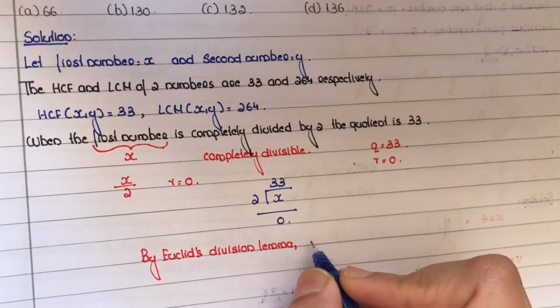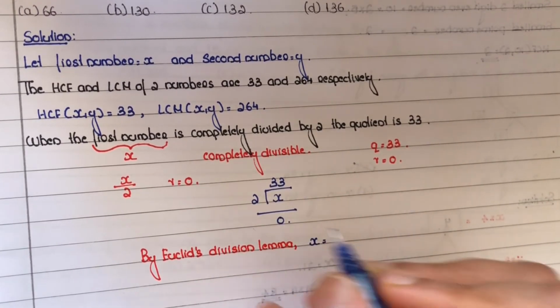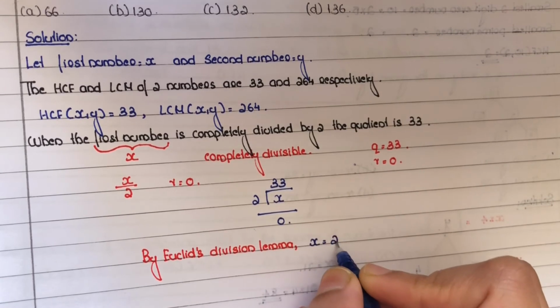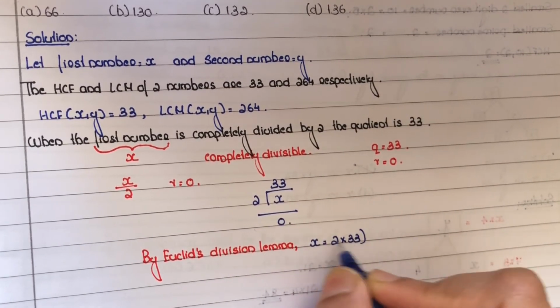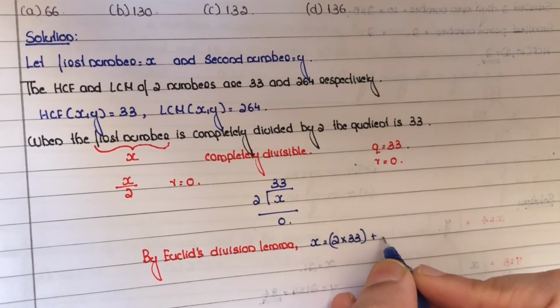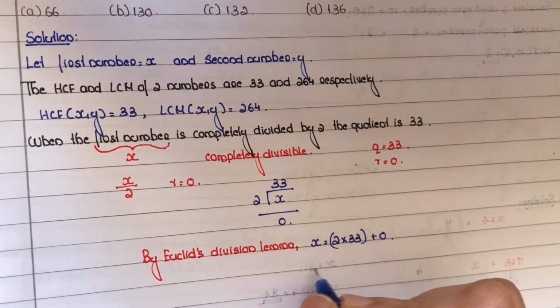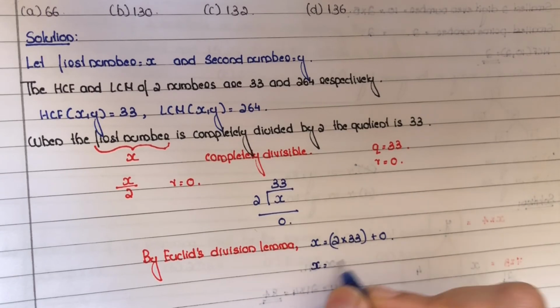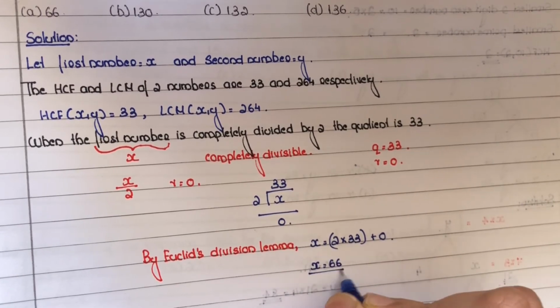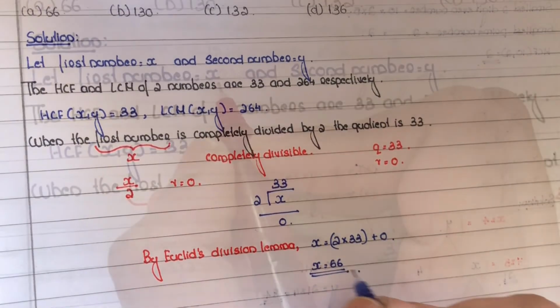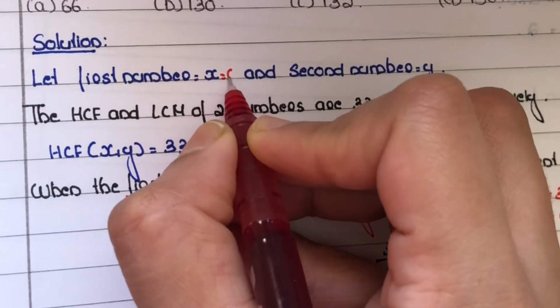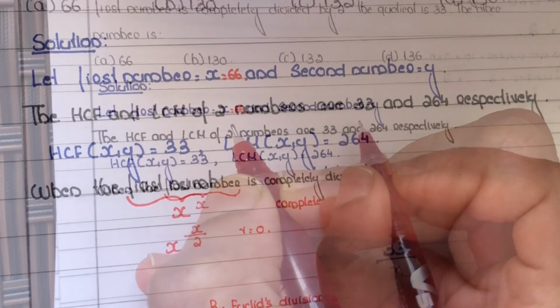Dividend x equals divisor 2 times quotient 33 plus remainder 0. That is x equals 2 × 33, which is 66. So you got the value of the first number, x equals 66.